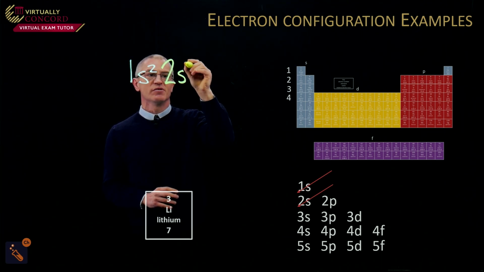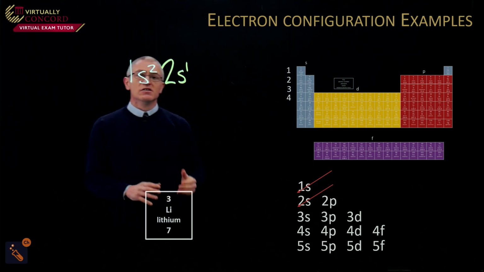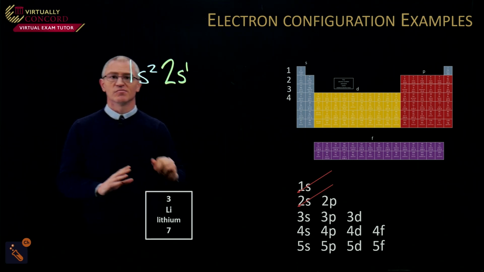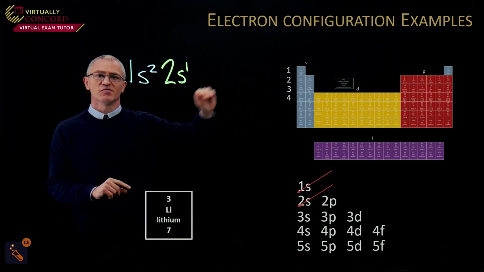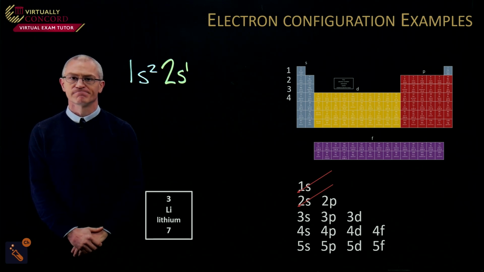It's only 1 electron I'm adding, so that would be 2s1. If you look at those, we're filling in the order of the diagram. There's 3 electrons, we're counting the boxes, counting the number of electrons across, just going across the periodic table. 2 plus 1 is 3, and that's the electron configuration of lithium.